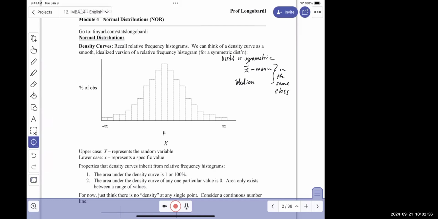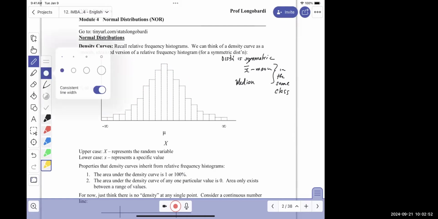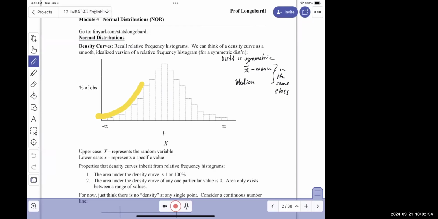All right, so density curves. What are density curves? The density curve is, we talked about this last class, about smoothing out. When I smooth over and create a curve like this, what I'm saying is that if I had more data, or all the data, any anomalies, any awkward looking gaps here would be filled in.